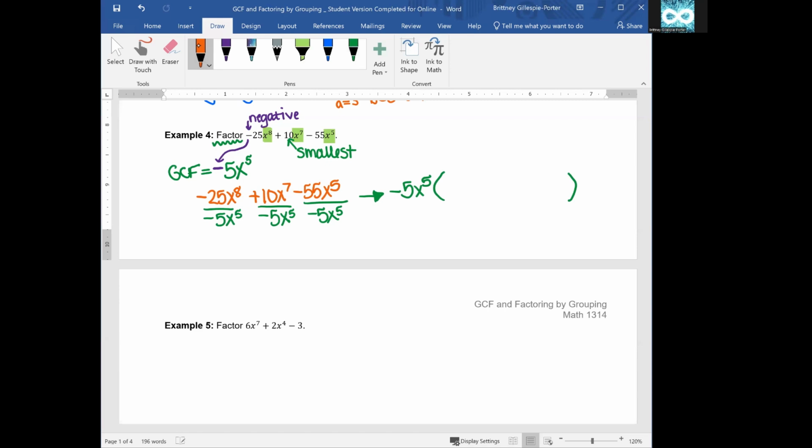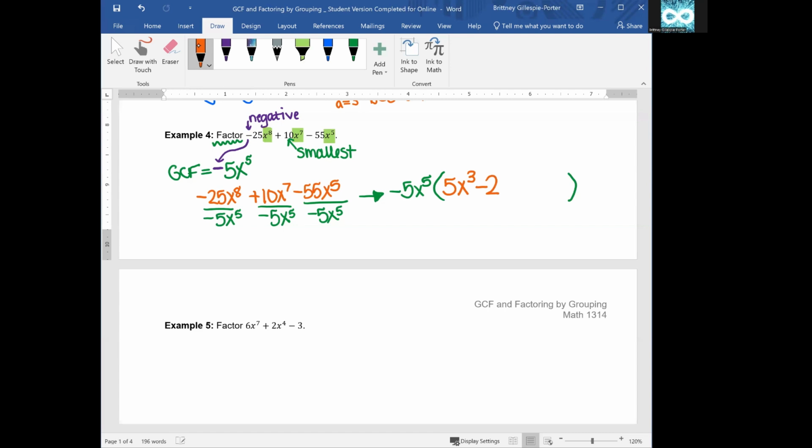Negative 25 divided by negative 5 is positive 5. Watch your signs on this one. X to the 8th all over x to the 5th. 8 minus 5 gets us 3, so we're going to have x to the 3. Positive 10 divided by negative 5 gets us negative 2.